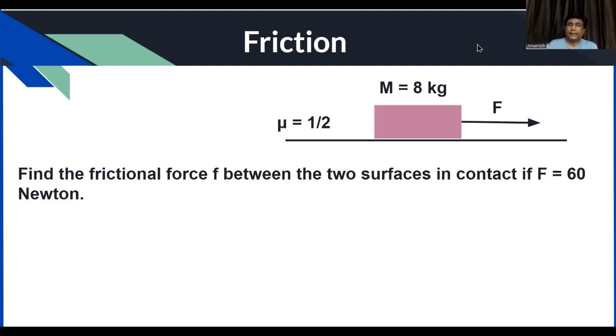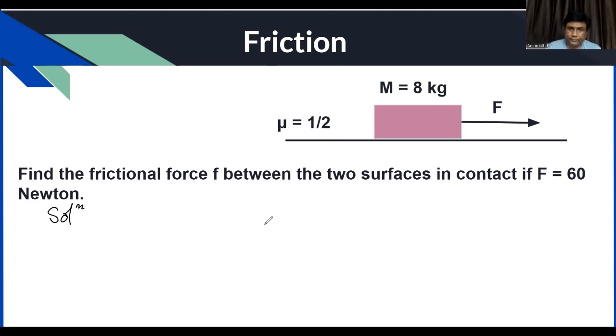Same procedure: first calculate the maximum frictional force, F max, the limiting friction. Then check whether your applied force is more than the limiting friction or not, and accordingly decide how much friction will take place. Please try this.